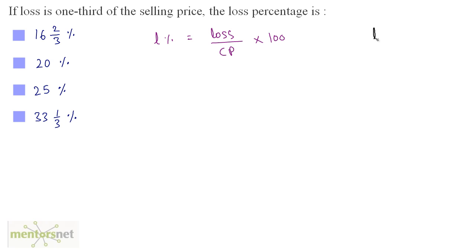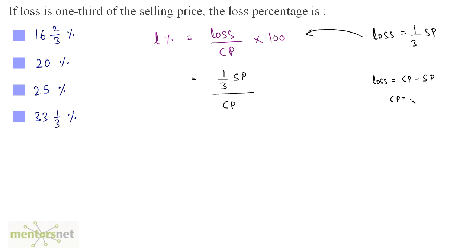So loss is equals to 1/3 of this selling price. So I can put this here in this equation. So it is equals to 1/3 of the selling price upon the cost price. Well, loss is again equals to the cost price minus the selling price. So cost price is equals to loss plus selling price.